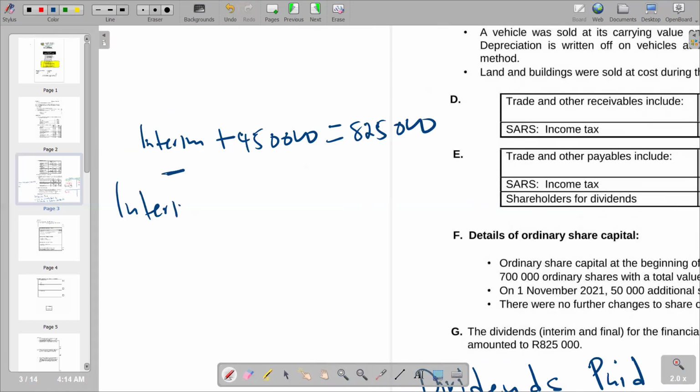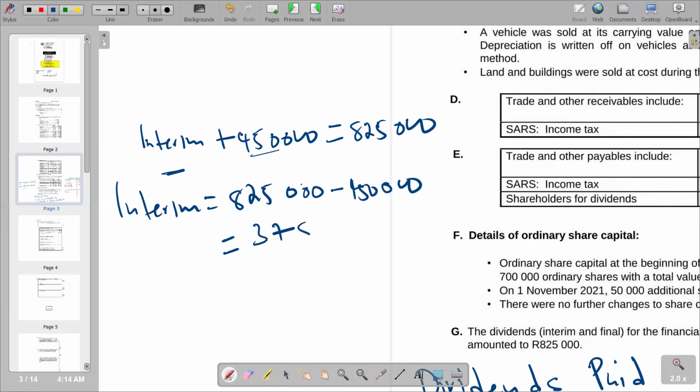To find our interim, we say interim equals 825,000 plus 450,000. You take it to the other side, it becomes negative, so it becomes minus 450,000. So we calculate it like that.